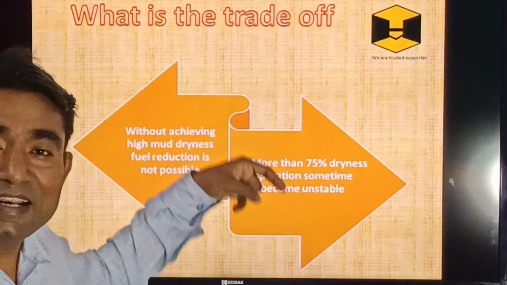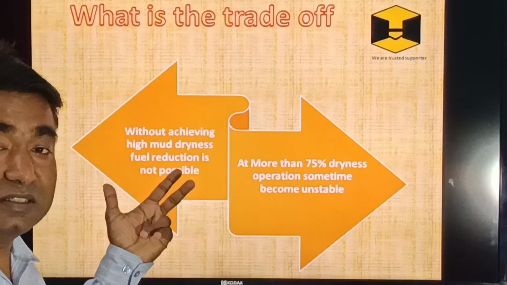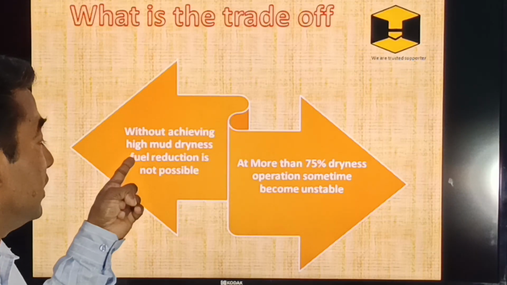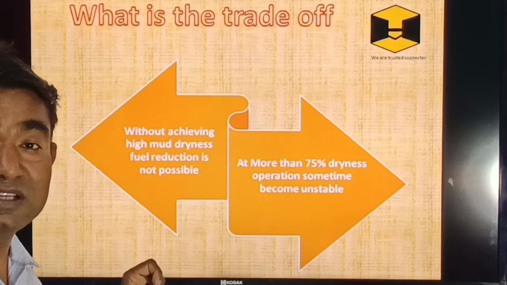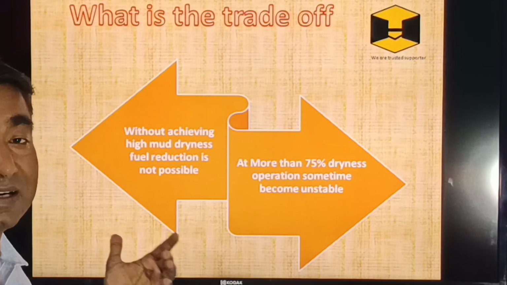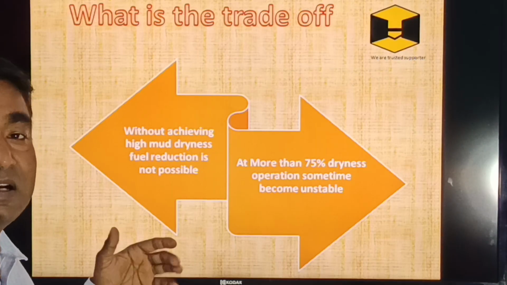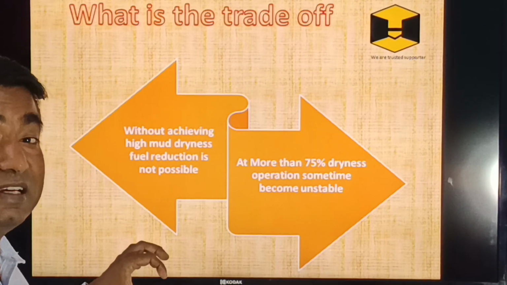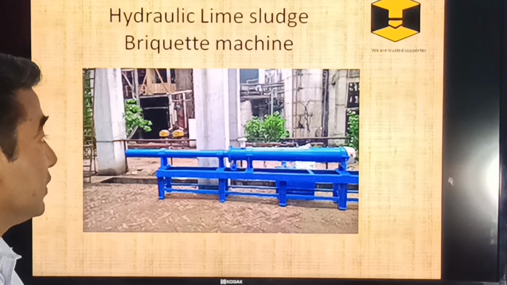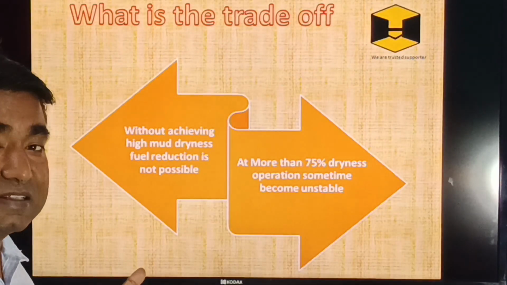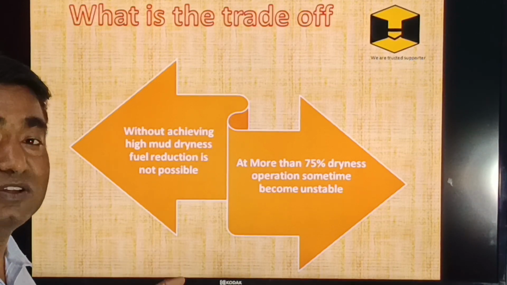So what is the trade-off in doing that? There are two things. Without achieving high lime dryness, the cost of lime production cannot be reduced. Until the dryness is more than 85%, the cost of lime processing cannot be reduced by the rotary lime kiln. And another thing is that if the dryness is more than that, recycling usually happens.